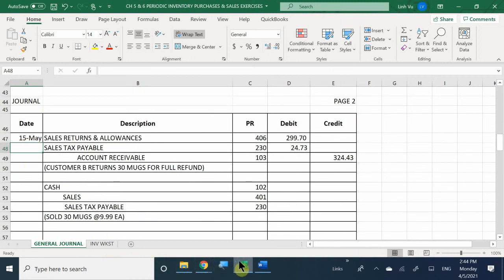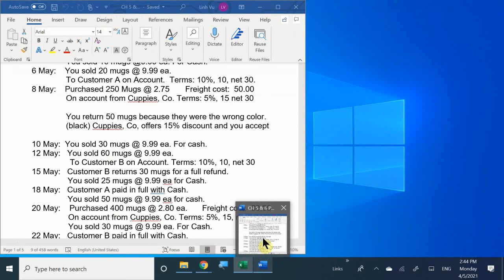Returns. Yeah, customer B returns on the 15th. So 3 days later they returned. But that same day, I also sold 25 mugs that same day. For the 9.99 cash, right? Correct.